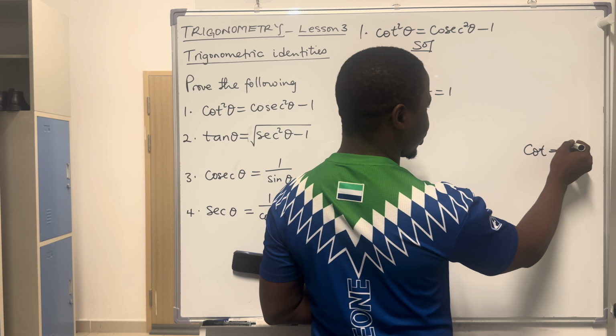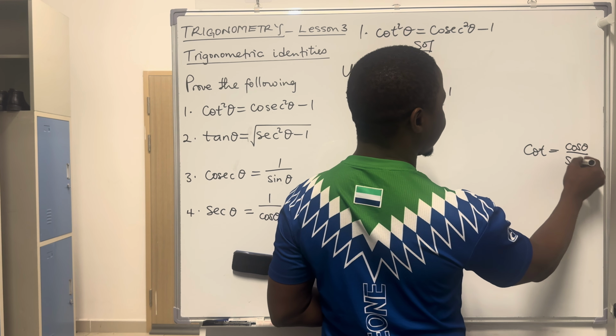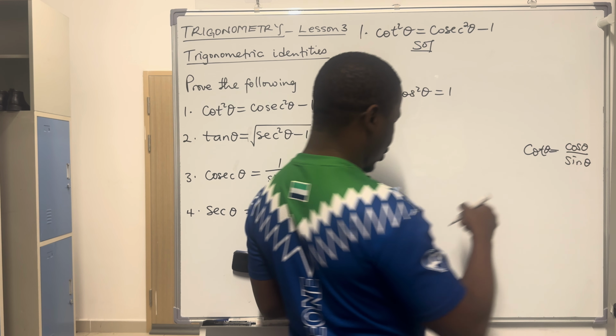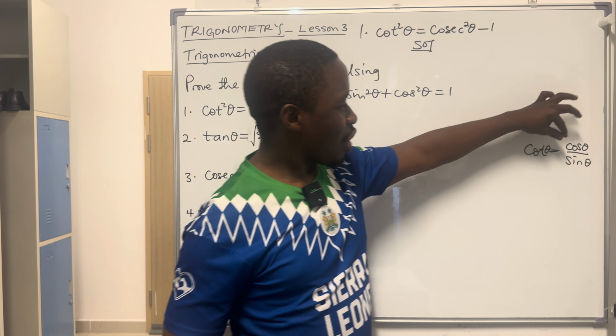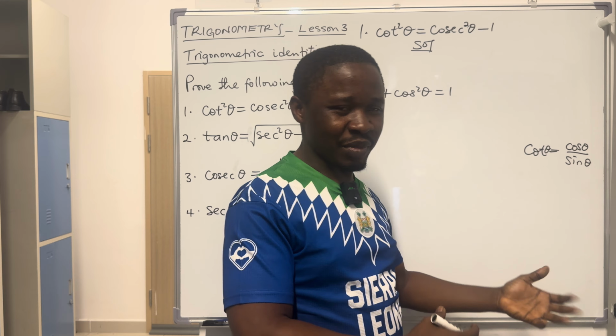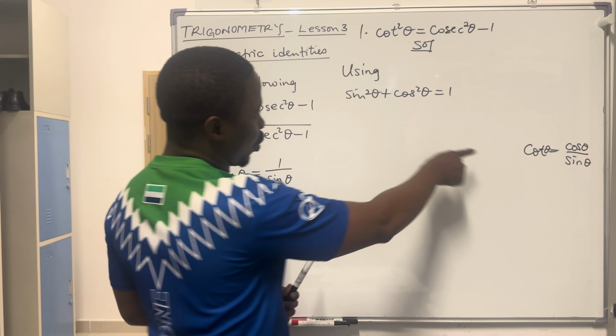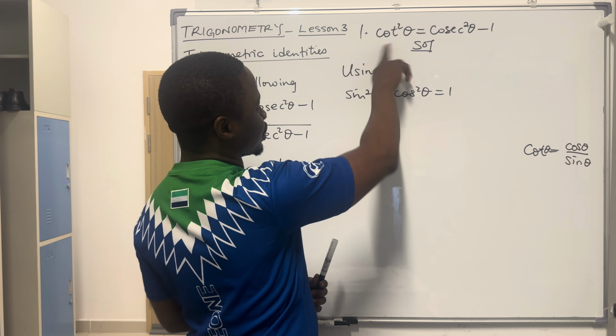Well, cot is cos over sine. Cot theta, or cot of any angle, is equal to cos of that angle over sine of the same angle. So if cot is cos over sine, why consider cot? Because we have cot here.